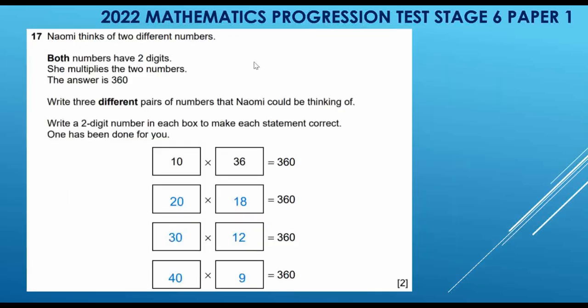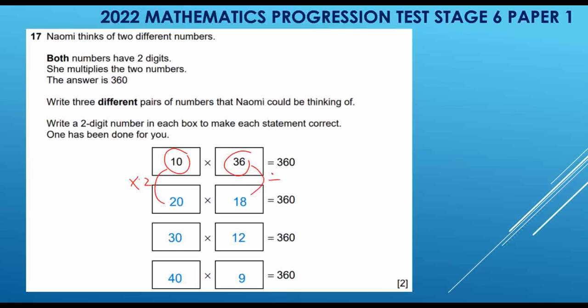To get that number easily, what we can do is, if this is 10 and 36, we times by 2 to get 20, and this one we divide by 2. So once we times by 2, we have to divide by 2 to get the same value of 360.